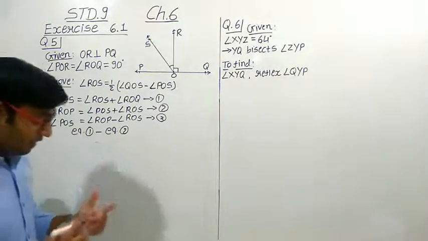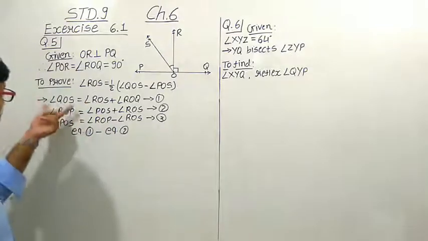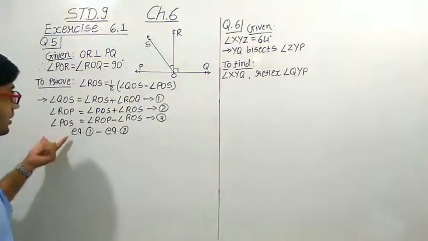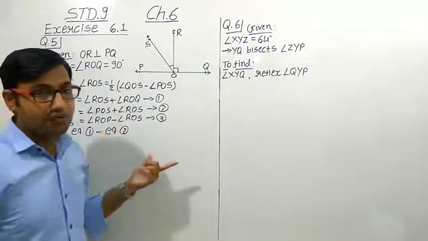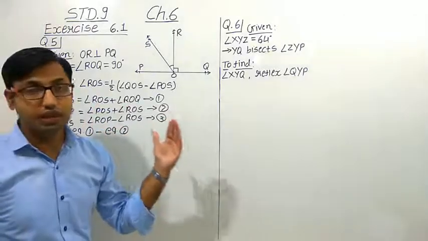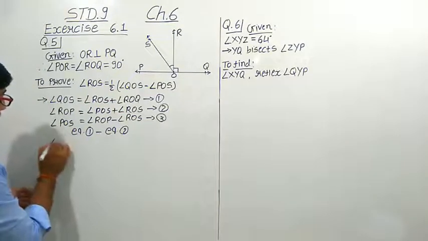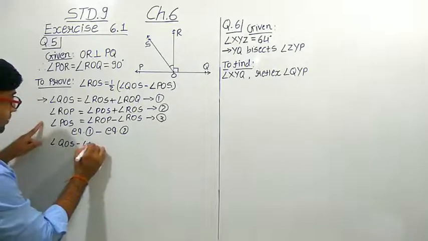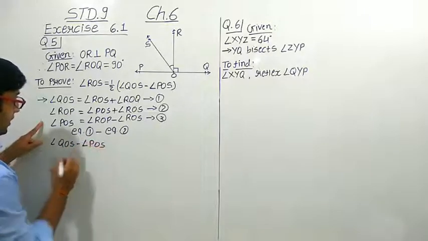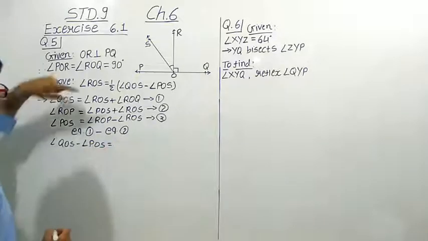When we subtract the two equations, the left hand side of one equation is subtracted from the left hand side of the other equation, and the right hand side of one equation will be subtracted from the right hand side of the other equation. So here the left hand side value we get is angle QOS minus angle POS, right?